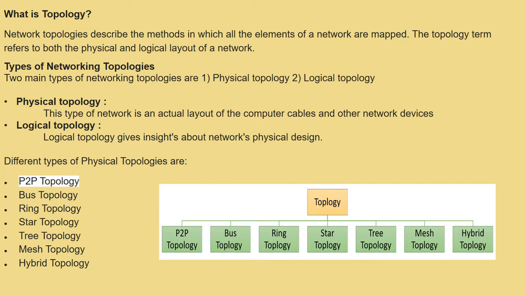And next is logical topology. Logical topology gives insights about the network's physical design. Okay, so physical topology means physically connected together, and logical topology means logically connected together in a networking format. Now next are the different types of physical topologies.